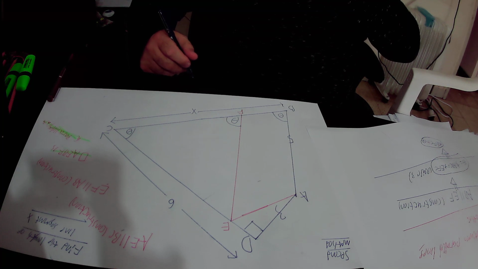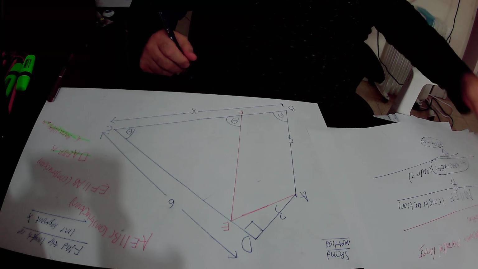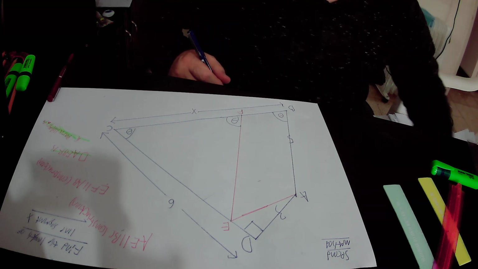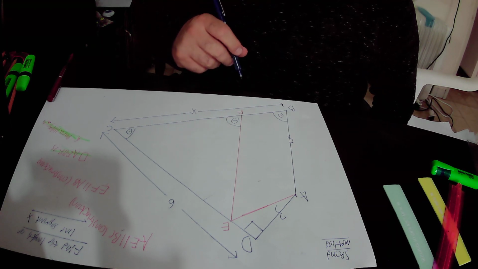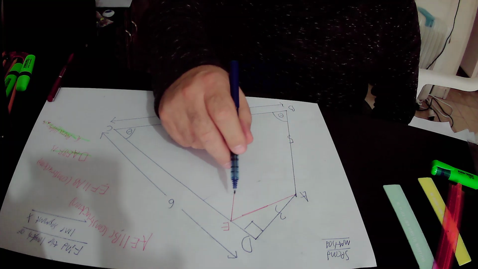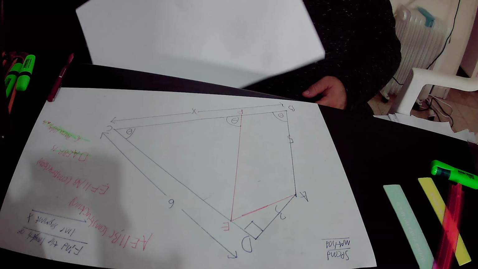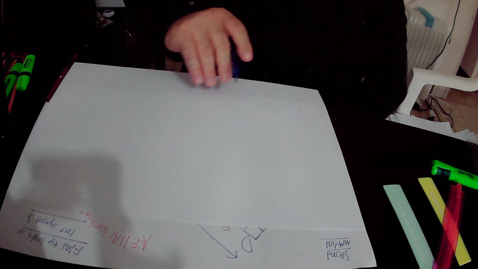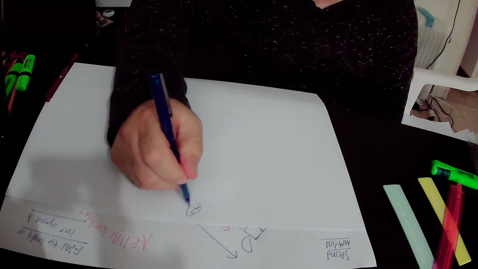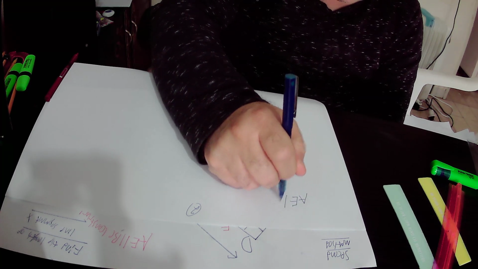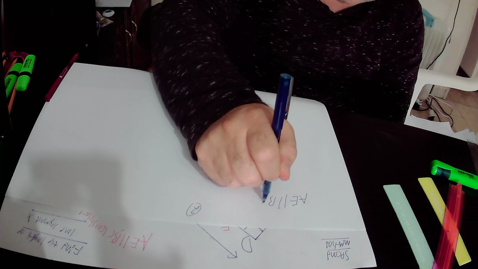Likewise, according to our construction, AE is parallel to BC. I write it down. AE is parallel to BC according to our construction.